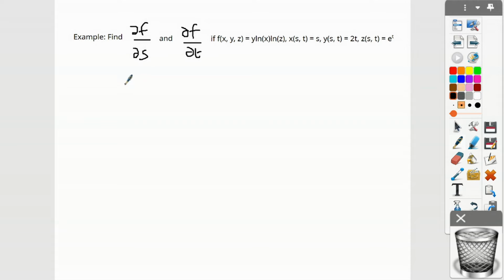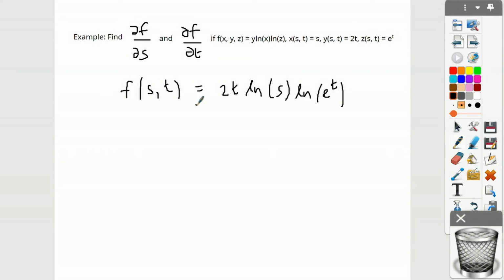The first way is you can just say f of s and t is equal to y, substitute it, 2t, natural log of x, which is s, natural log of z, which is e to the t.